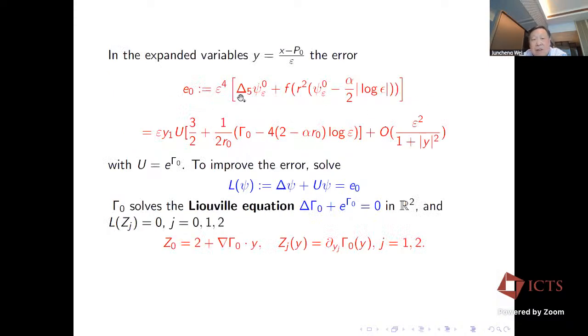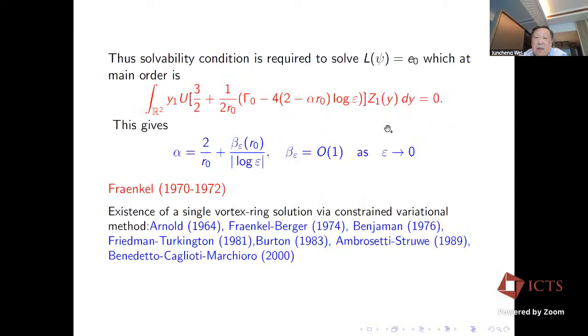And you want the error to be orthogonal to the kernel, and the error orthogonal to the kernel gives you exactly the speed. So you can use the Green's function to get the traveling vortex ring solution. So the speed is 2 over r0.